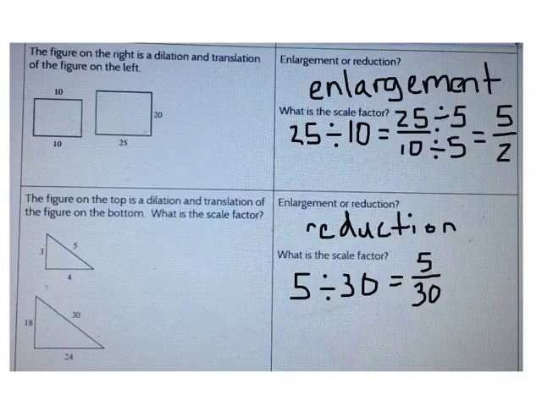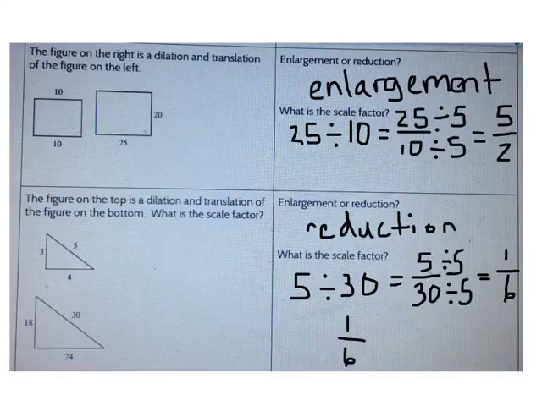I can simplify 5 over 30 to find my scale factor. What's the greatest common factor of 5 and 30? It's 5. When I divide both by 5, what's the result? It's 1/6. The scale factor is 1/6. When I have a reduction, my scale factor is a proper fraction.